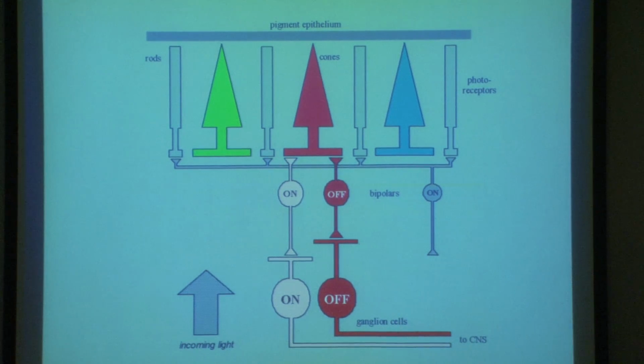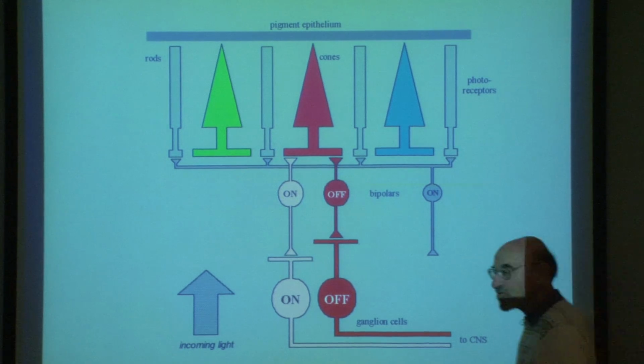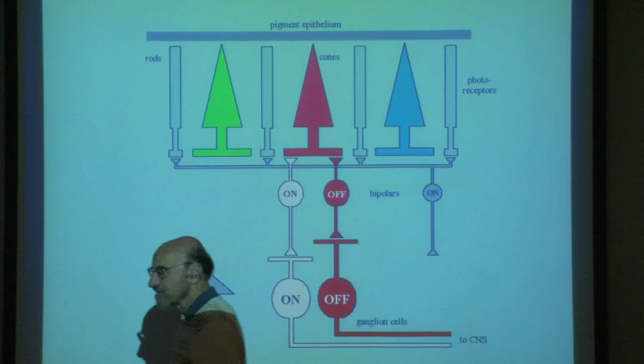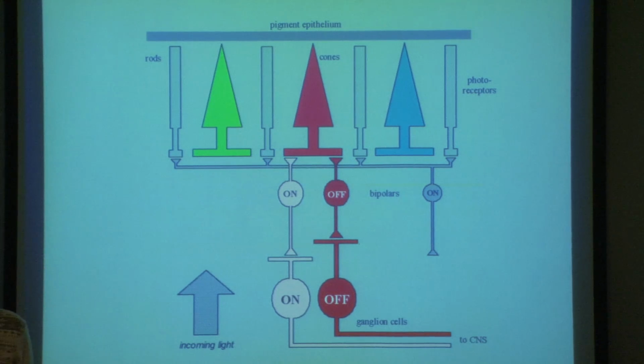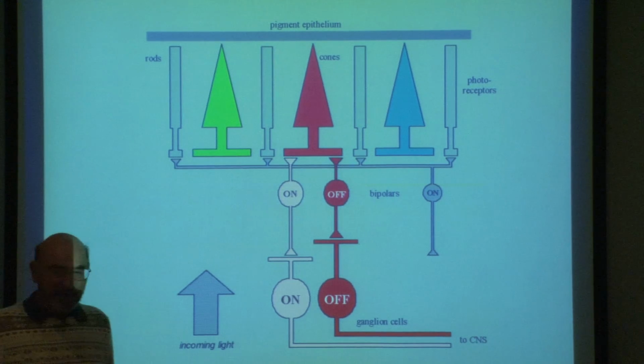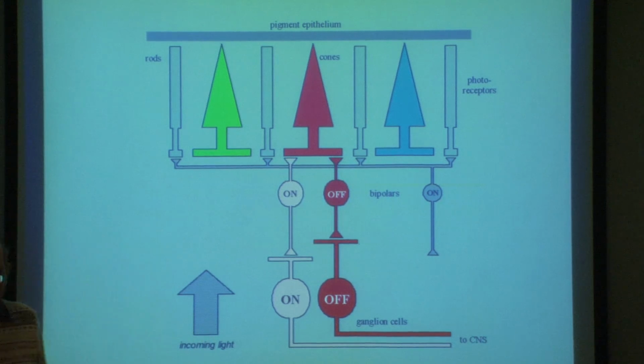And this is when, again, things got very complicated in the course of evolution, where it was very important to try to conserve things as much as possible, and that's why we do not have separate pathways for rods and cones. If you did, we would need a huge eye, and we would need at least twice as many ganglion cells than we have at the present time, which is about 1 million in each eye.